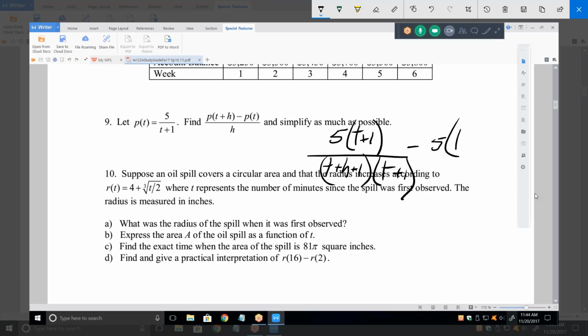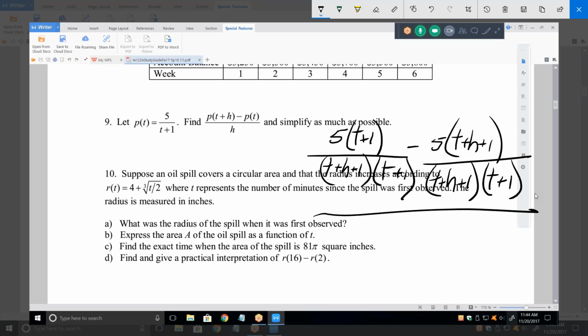Yeah. And you have 5 times t plus h plus 1 close parentheses over t plus h plus 1 times t plus 1. It's easier to recreate than I thought, once you do enough of these. And all of that's over h.